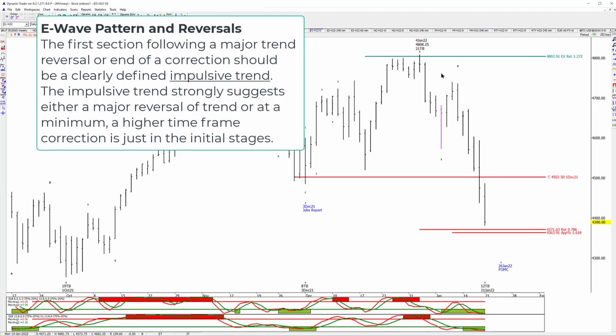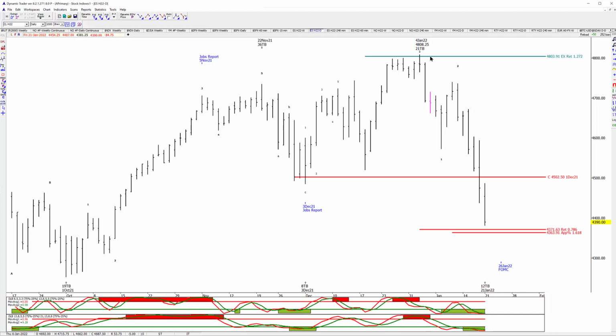That's the pattern that indicates a higher time frame trend is reversed. And here we are off of the January 4th high, and needless to say, the stock indexes, particularly the S&P here, is making a beautiful impulsive pattern. So when it makes its low, and that weekly low I was talking about, that's just the first section down.